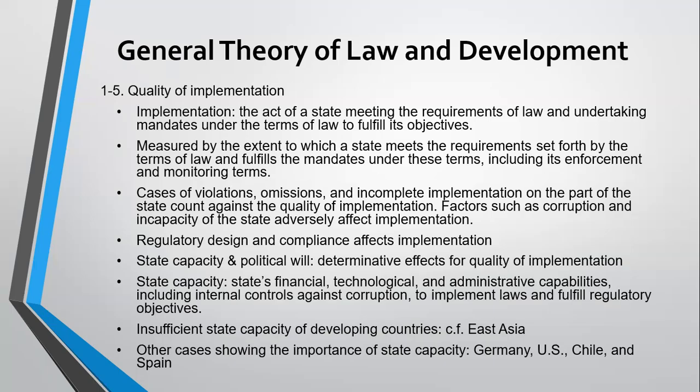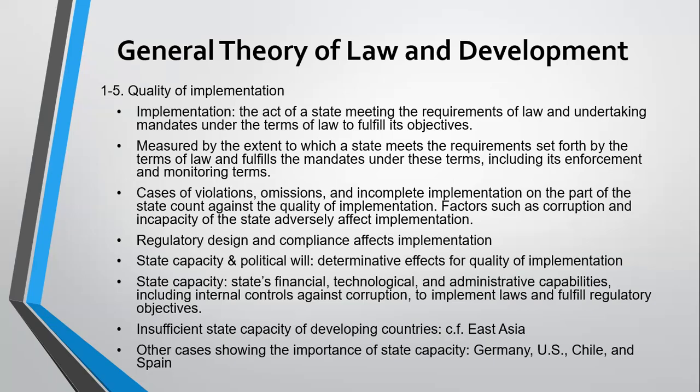Monitoring and enforcement: so cases of violations, omissions, and incomplete implementation on the part of the state count against the quality of implementation. So again, in the law that authorized the government to provide grants to industries, corruption, right?